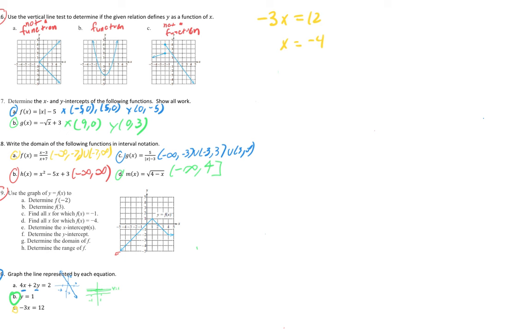So that will give us a vertical line on our graph at x equals negative 4.